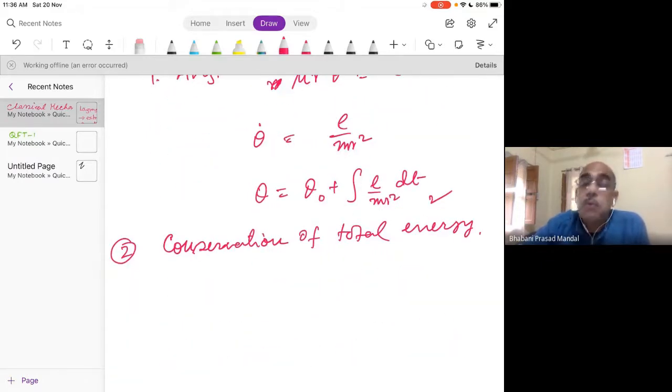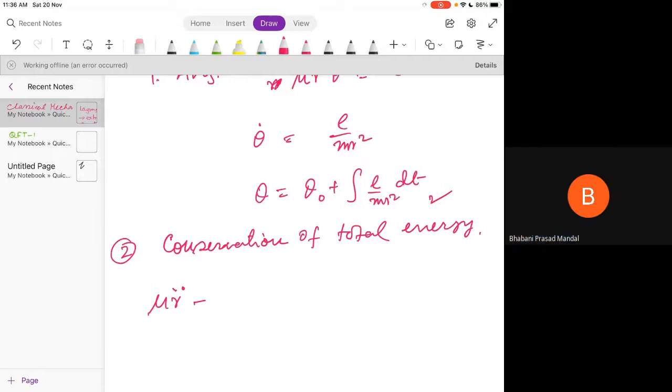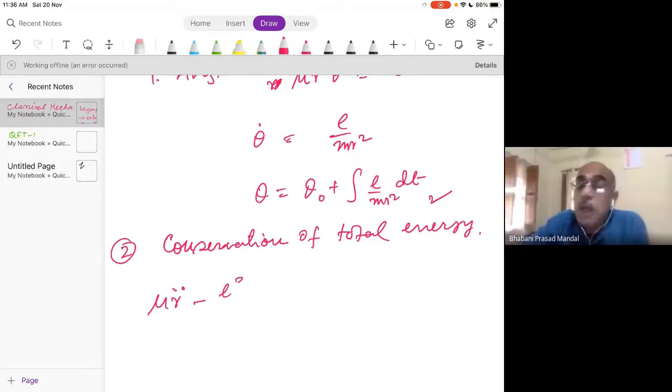The r equation which we got: mu r double dot was minus L square by mu r cube, and this term was minus del u del r.